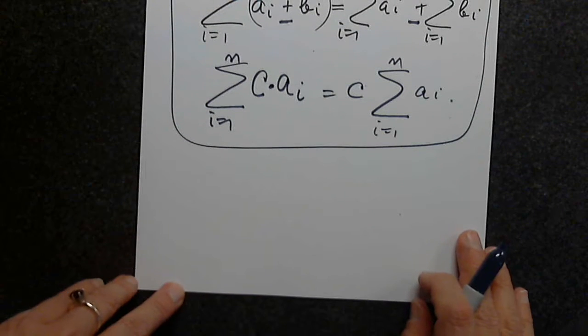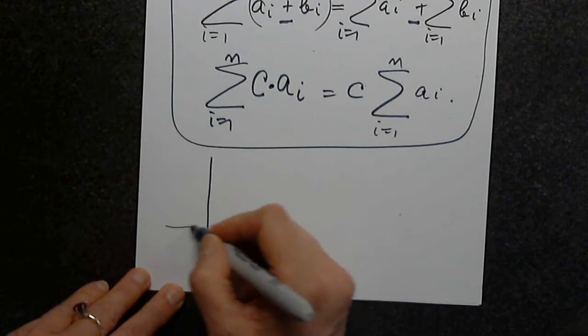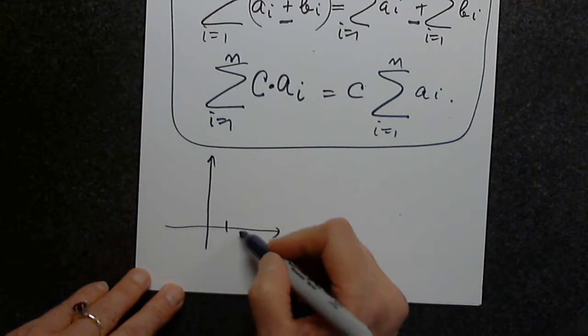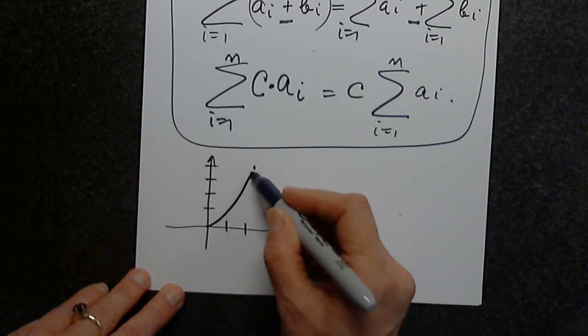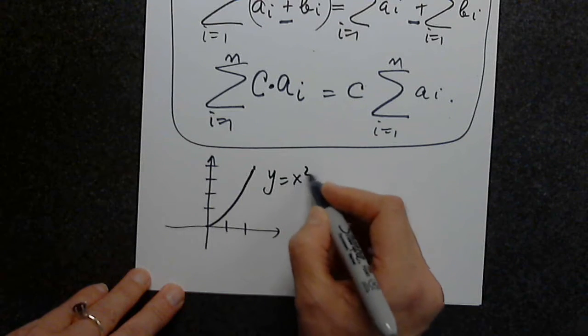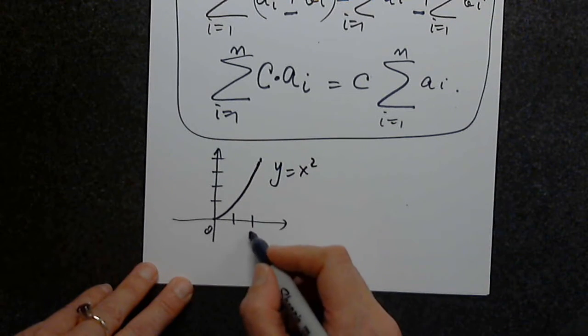Coming back to our area. One more time, this is our area. This was the function: the function was x squared, and we wanted between 0 and 2.